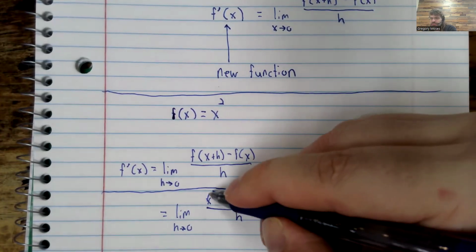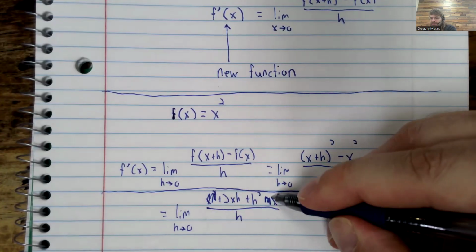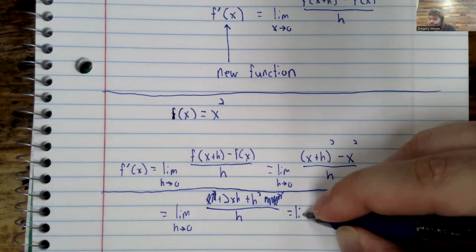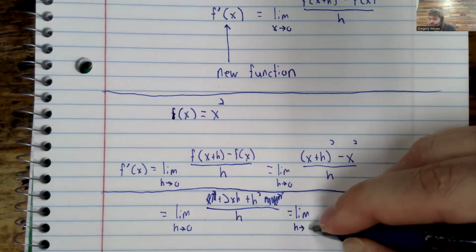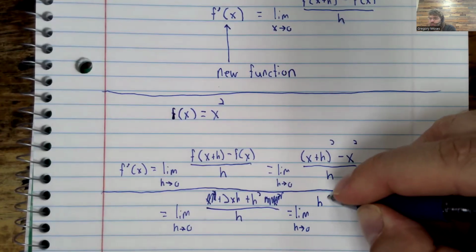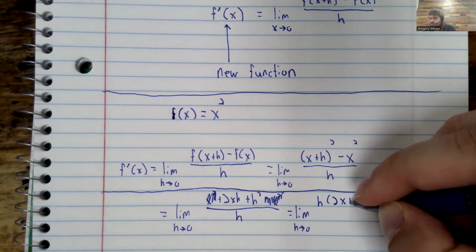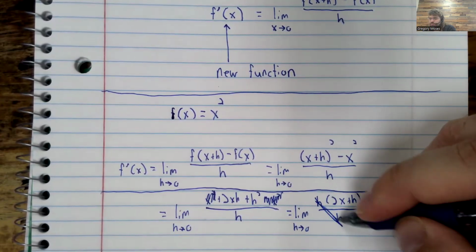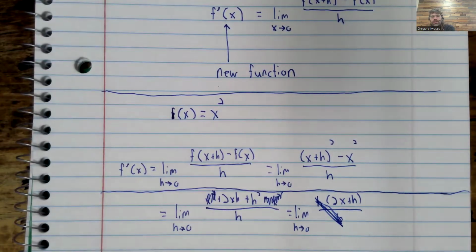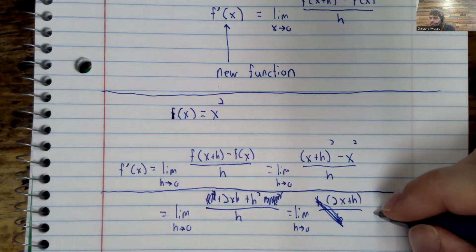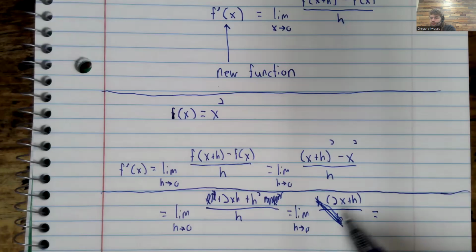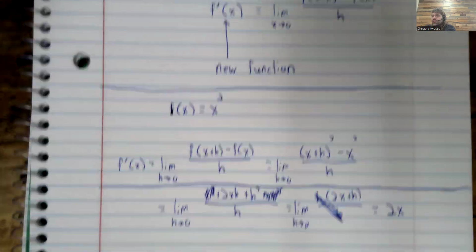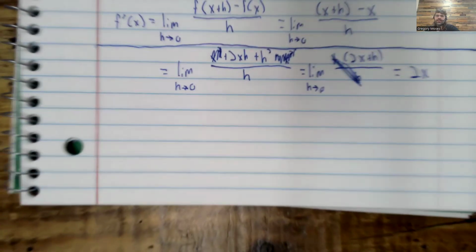You see this x squared and this minus x squared are going to cancel. You see an h is going to pull out, and cancel. And now we can use continuity. We can just take this h to 0 and plug it in. And we get 2x.